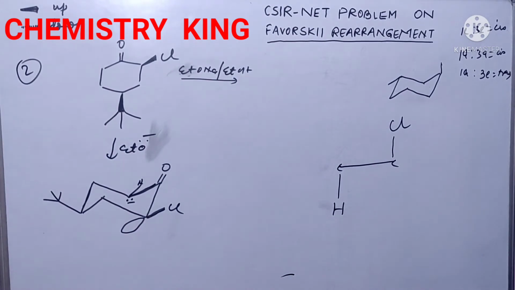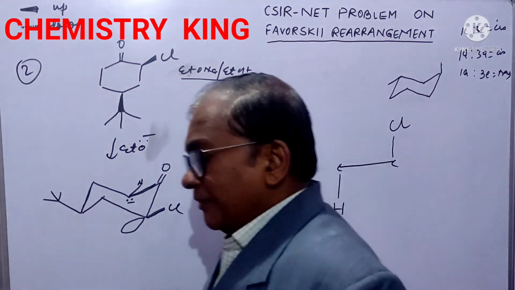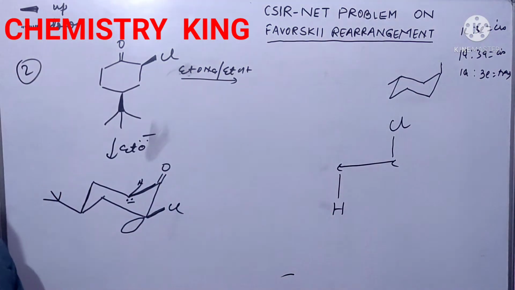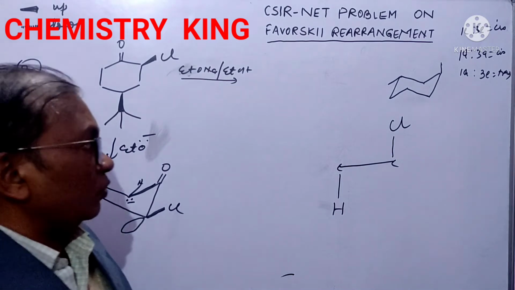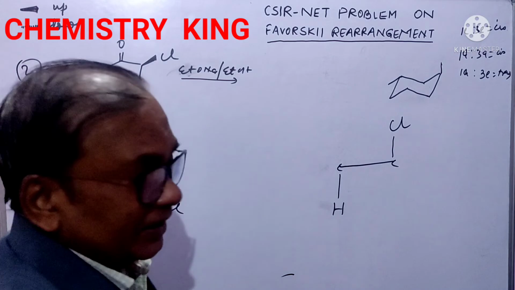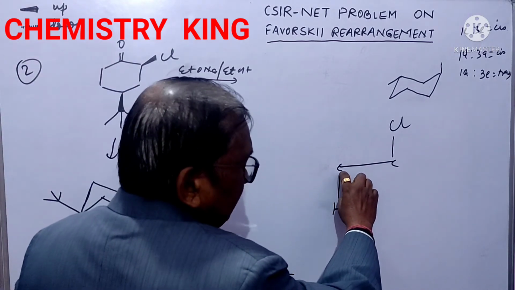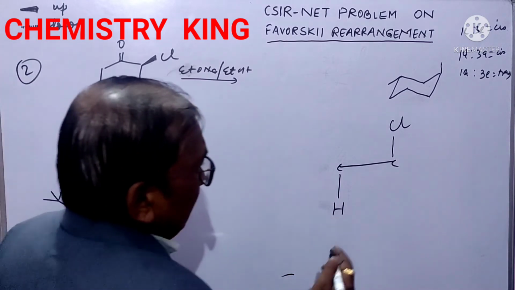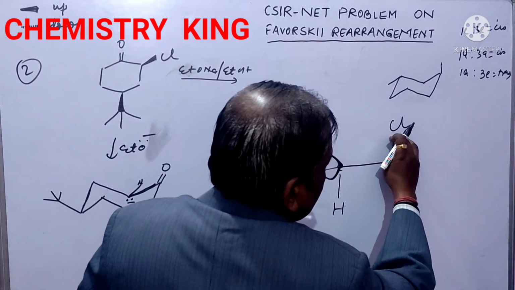These two atoms are leaving atoms here, and these two are in trans position with respect to each other. This hydrogen is eliminated, then there will be two electrons here in a bonding orbital, and it is sigma.